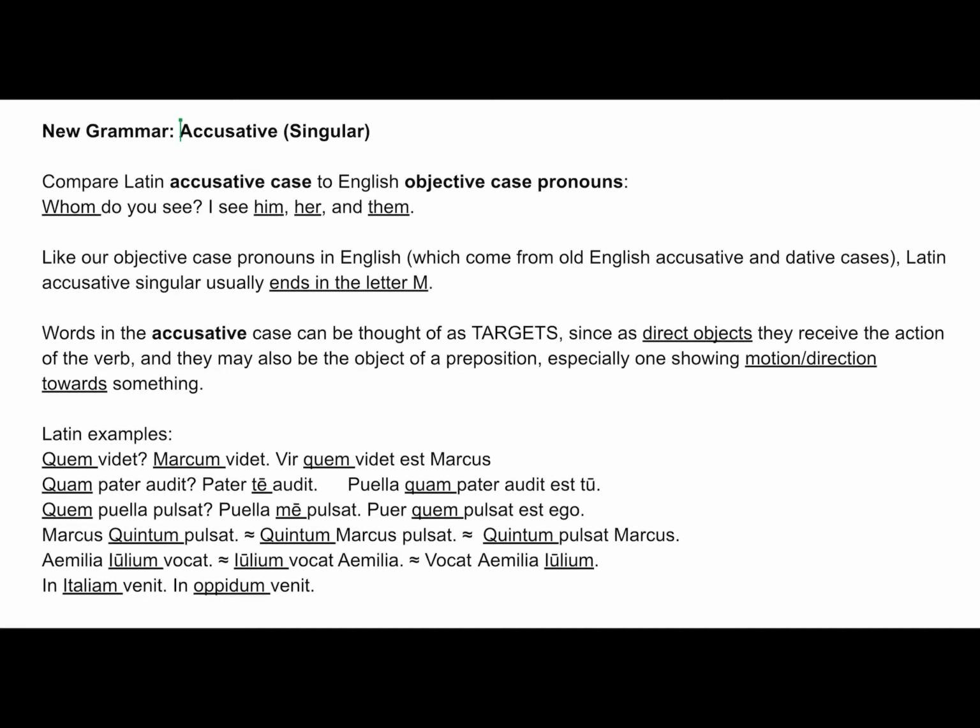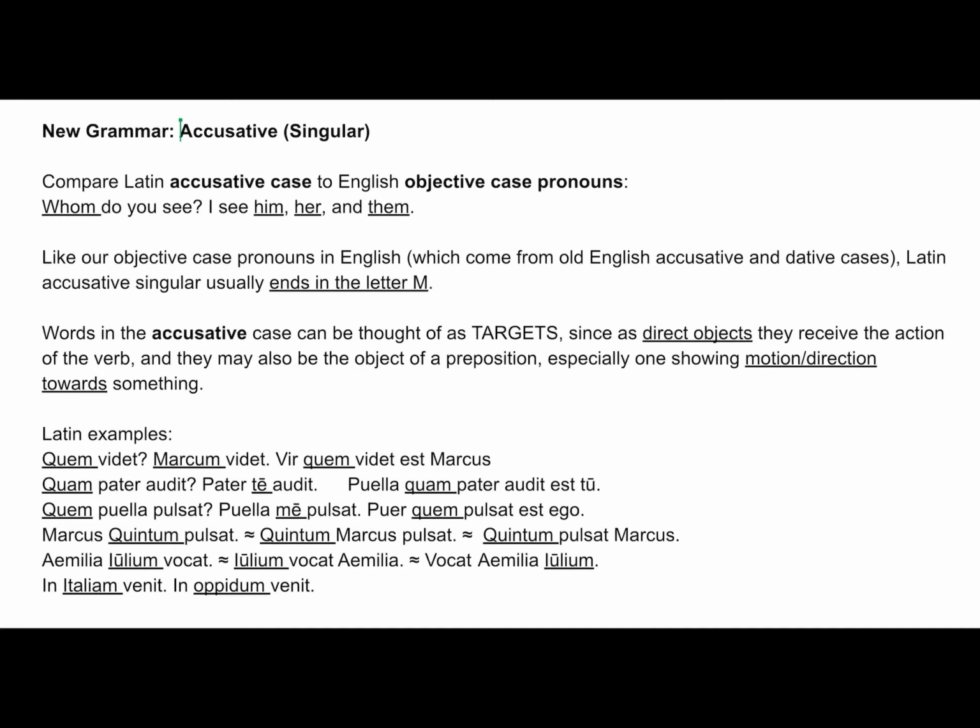Whereas Quintum ends with the M, and so I know that has to be accusative direct object, no matter where I put it in the sentence. And then the verb pulsat, I can throw it in wherever I want to, the beginning, the middle, the end, it does not matter. Okay, so there's a little bit of kind of stress differentiation as to which word you put first and last, but it does not change essentially the meaning of the sentence. That's the flexibility of Latin word order.